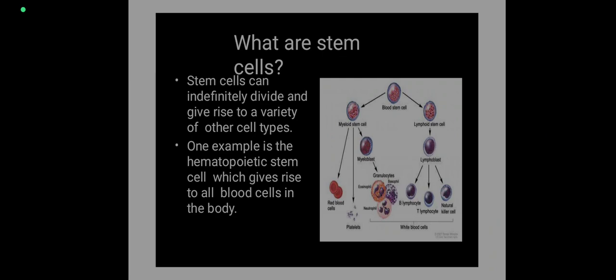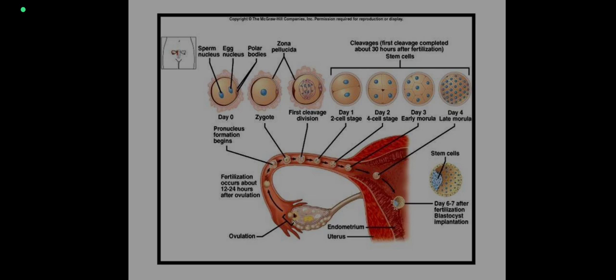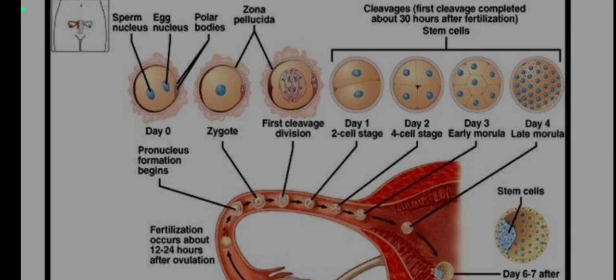What is meant by a stem cell and where do we get the stem cell from? We will see it in detail in a slide. An egg and sperm fertilize and form a zygote. The zygote undergoes the first cleavage division, and on day 1 of fertilization it gives rise to a 2 cell stage, and on the second day a 4 cell stage.